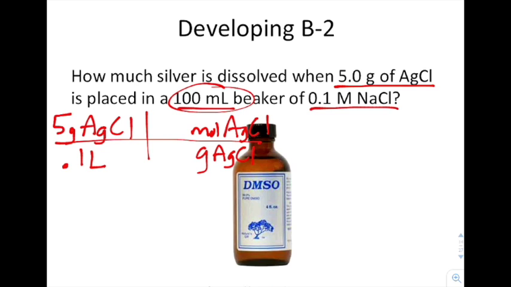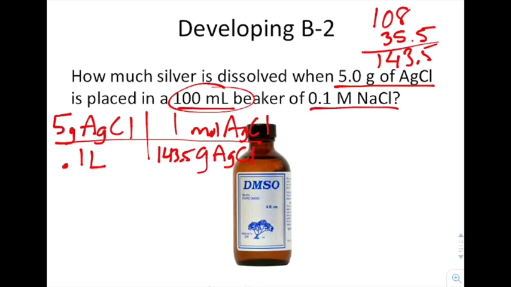So this right here gives us the molarity of our solution, assuming that we can figure out what our molar mass is. So silver is 108, chlorine is 35.5. We're going to add them up and you're going to get 143.5. Once you've done that, you plug that right here, and now you have the molarity of your solution.